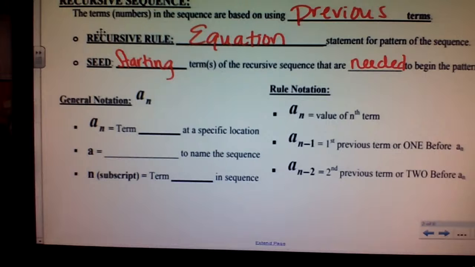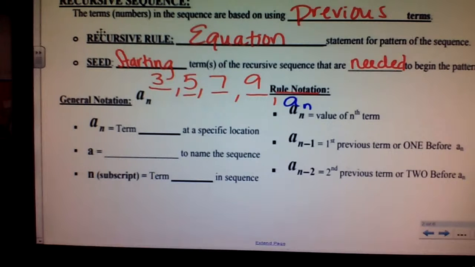We've got a sequence: 3, 5, 7, 9, and Alicia knows that this is 11. Any term that they want me to find is A sub n.